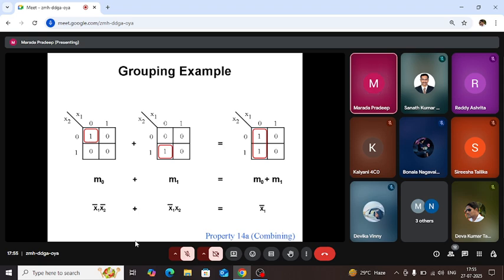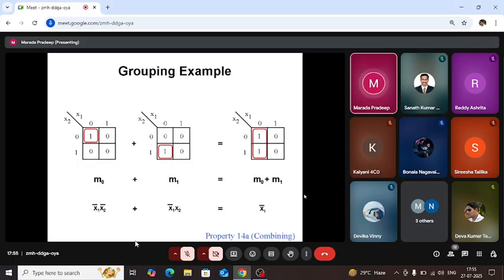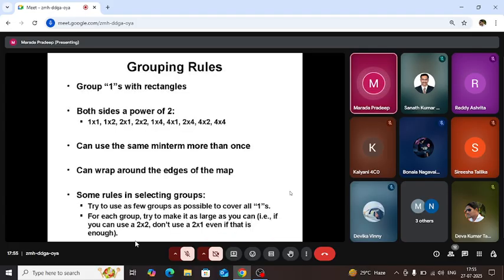Here the simplified expression for m naught is x1 bar into x2 bar, plus m1. The simplified expression is x1 bar into x2 bar. Next, after combining, the simplified expression is x1 bar. I already told you the grouping rules.